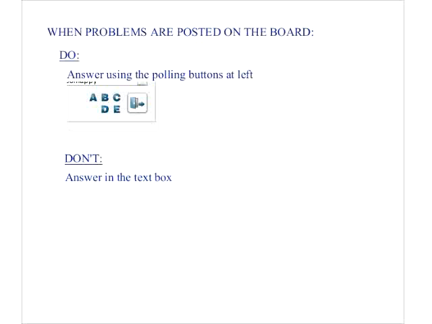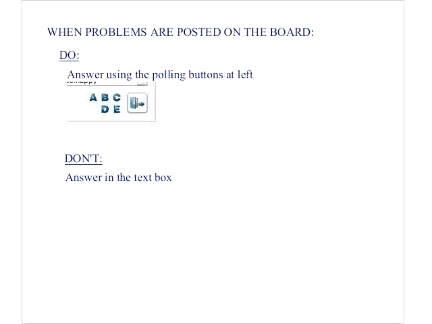It's just an individual test. So when you use those polling buttons, you're keeping your response private until we post the statistics to the screen.